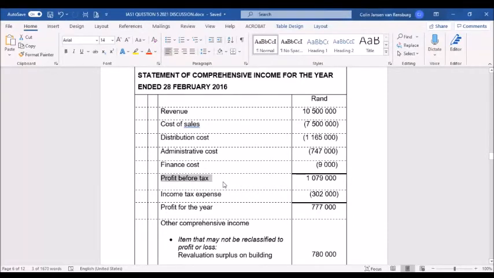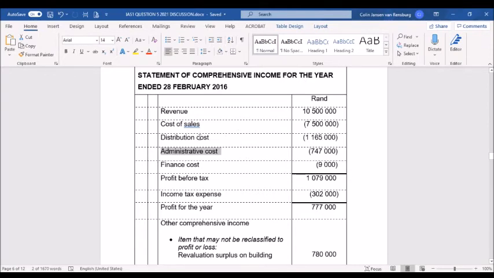The profit before tax note. Why is it called the profit before tax note? Because it refers to this line item which we find on the face of our statement of comprehensive income. And then we must realize that many of the various expenses have been allocated to cost functions. They've been allocated, there were salaries and wages, there was depreciation and so forth.